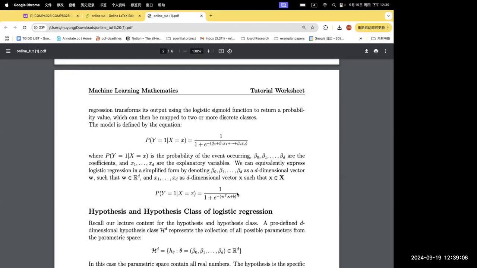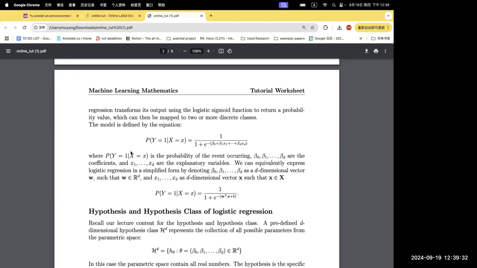Their multiplication plus the intercept is essentially the prediction of the linear model, to which we apply the sigmoid function, and that gives us the result of the logistic regression. The B and the beta 0 here are the same. They represent the intercept of the linear model.